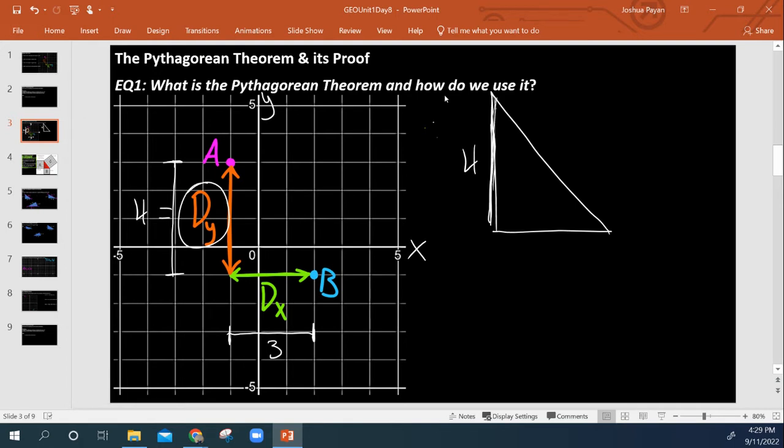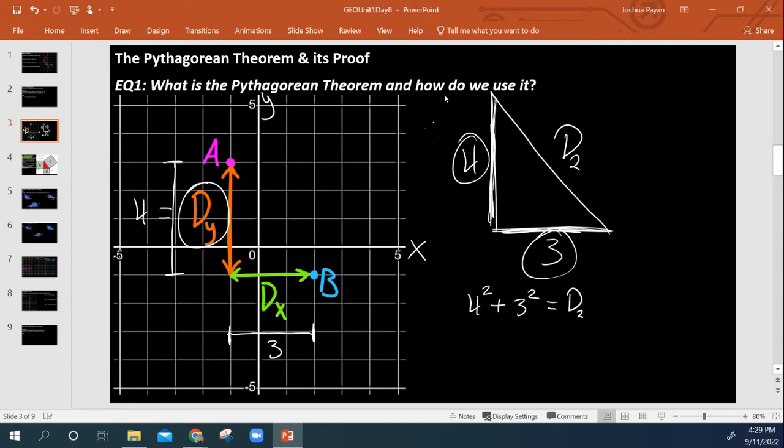This is the length of dy here, this is the length of dx here, and we're looking for the missing hypotenuse, right? Well, leg squared plus leg squared equals hypotenuse squared, and we'll call this d2 for distance in 2 dimensions. So leg squared plus other leg squared equals our missing hypotenuse squared.